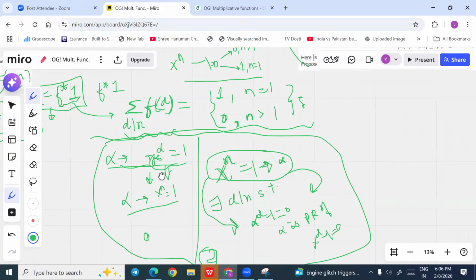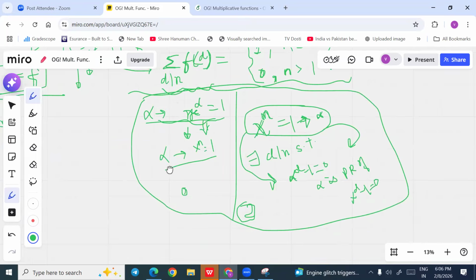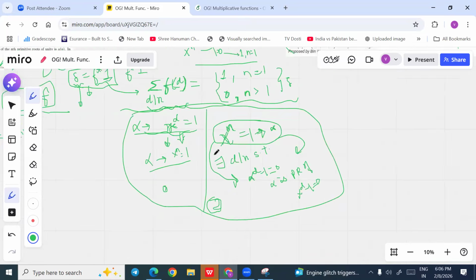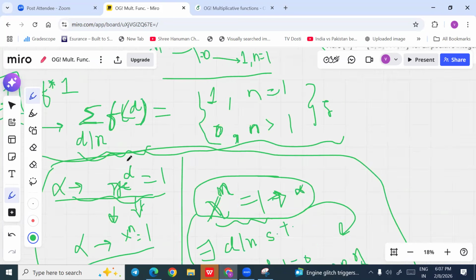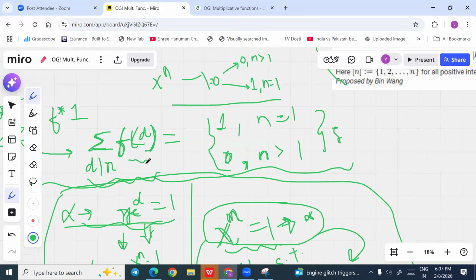So do you see that all roots of x to the n minus 1 are basically primitive roots of x to the d minus 1 for some d, right? Now, this function essentially just counts the primitive roots of x to the d minus 1 for all d.